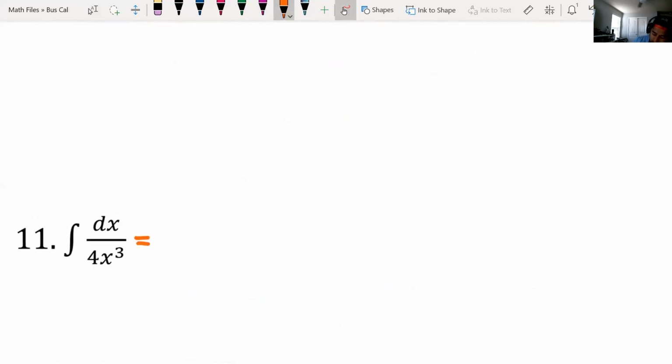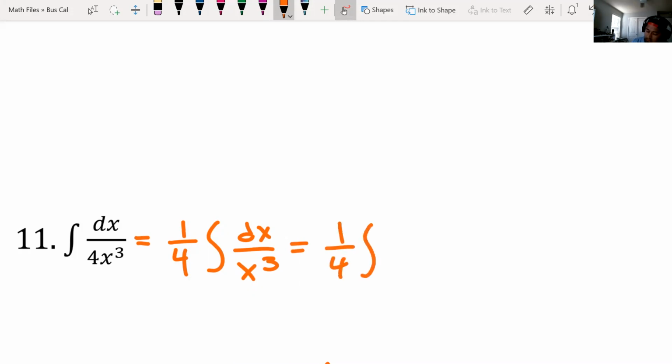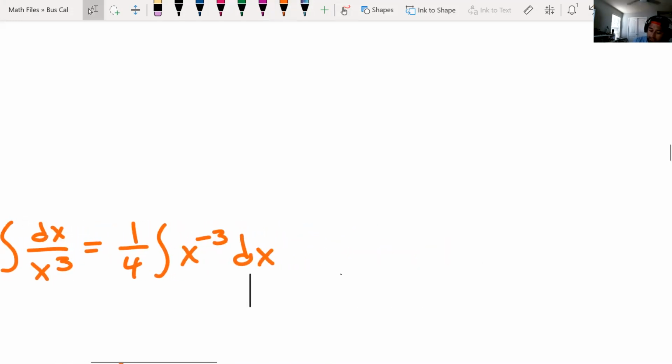So I'll get 1/4 times the integral of dx over x cubed. So all I did was take out the 1/4. And now you're going to flip up that x cubed and give us x to the -3 dx. Now we're ready to find the antiderivative.